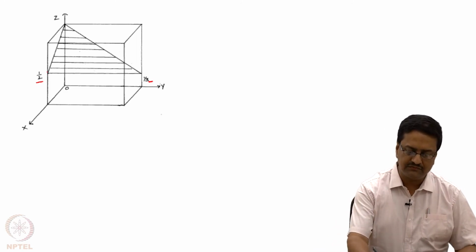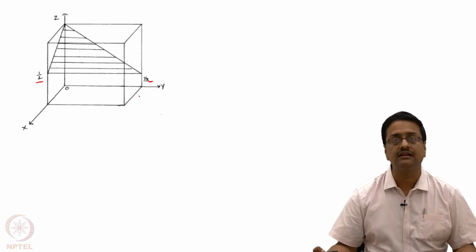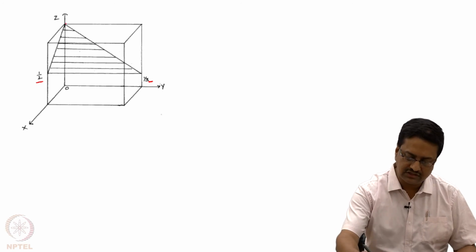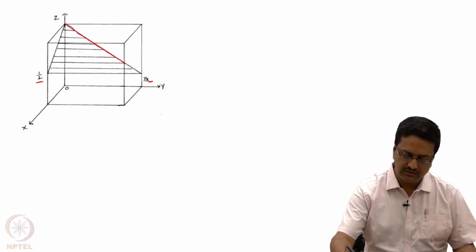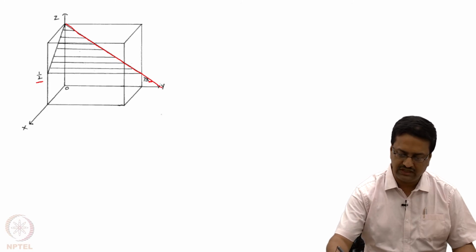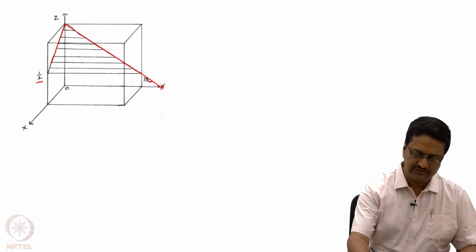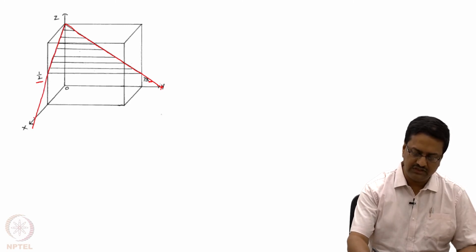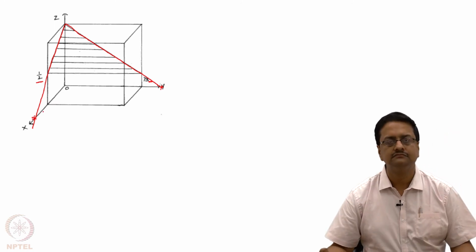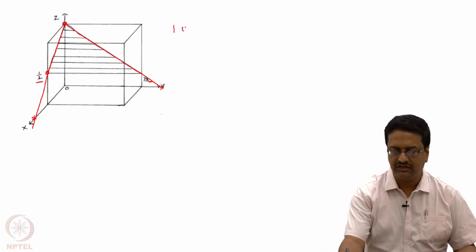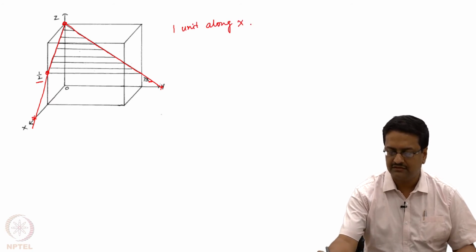This one is half along z, this is 1/3 along z, which means that the particular line which is coming from z equal to 1 like this has to go and meet y at some point, and similarly the other line which comes like this has to come and meet x at some point.